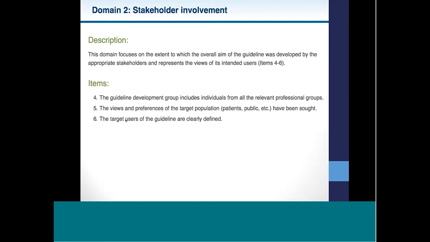What I mean by this is, when we are doing a guideline for a specific disease, we expect that the developers, the people who are developing the guidelines, are those that are going to represent all the stakeholders, all the experts that should be there developing the guidelines, and all the views of the intended user. So this domain includes 3 items, as you can see here.